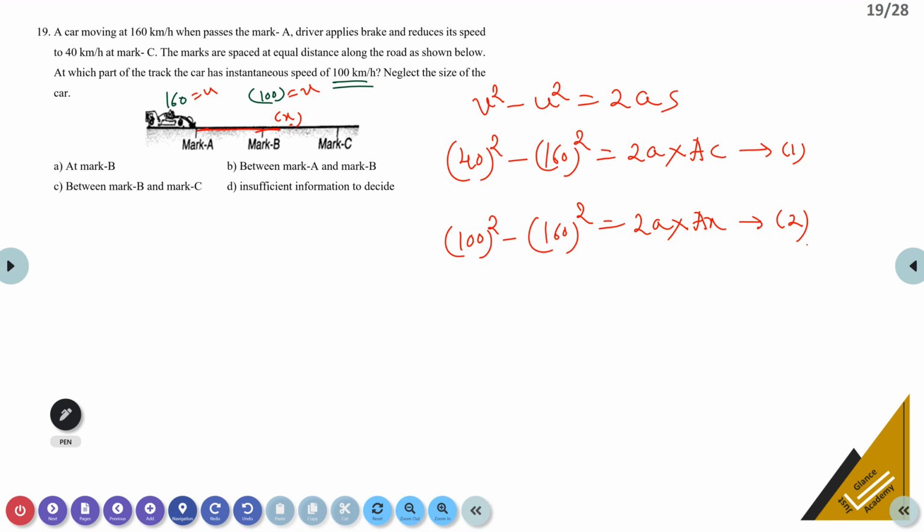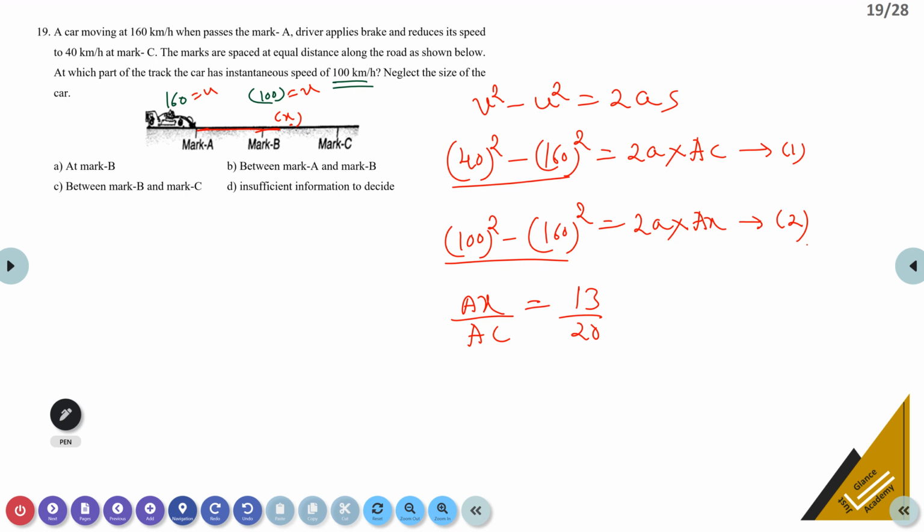Here simplify this, 40 square and all that. Then by simplifying, square it, subtract and all that, you do it here because it's retardation. 2a also divides out in these two equations. You are getting AX divided by AC equal to, by simplifying this, 13 divided by 20. 13 by 20.